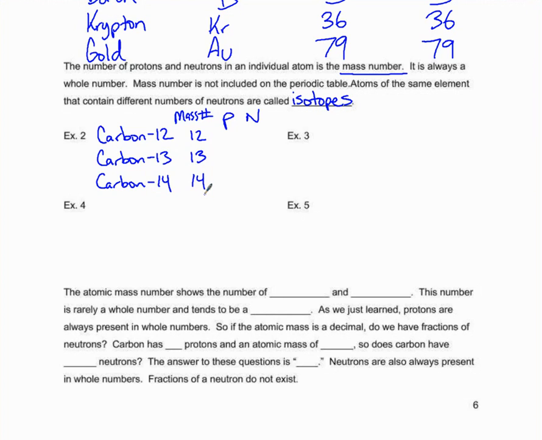Now we look at the number of protons. Look at your periodic table again. Look for carbon. Look back in your notes a little bit. Carbon has an atomic number of 6, which means that carbon always has 6 protons. So carbon 12 has 6 protons.